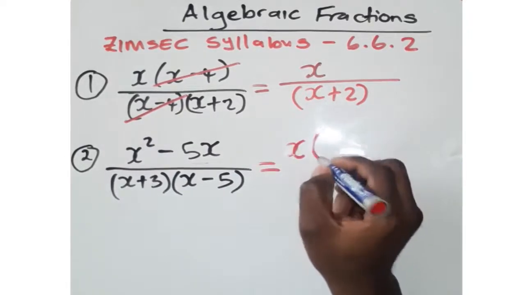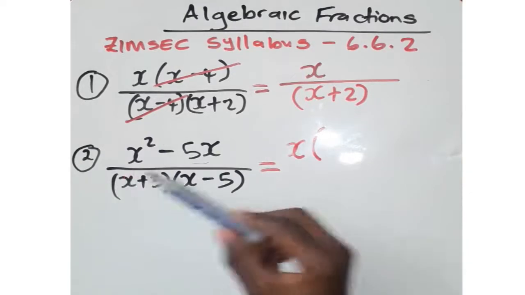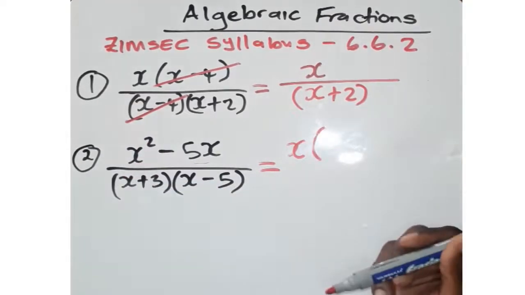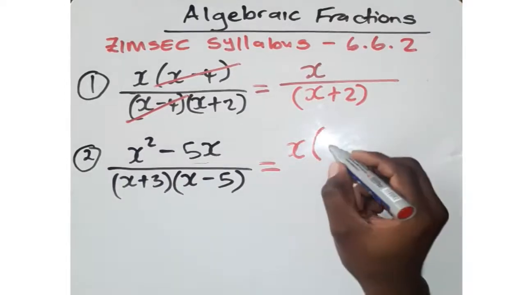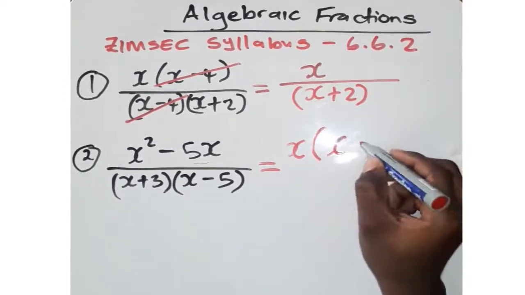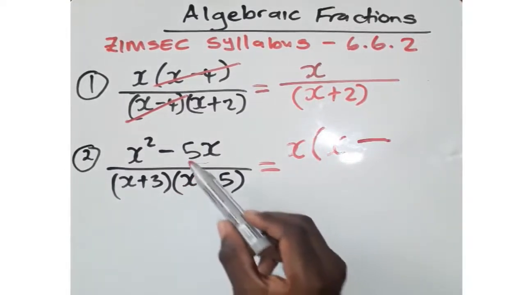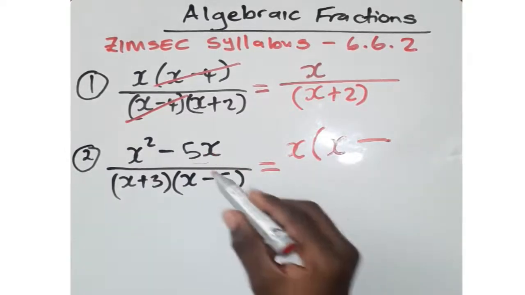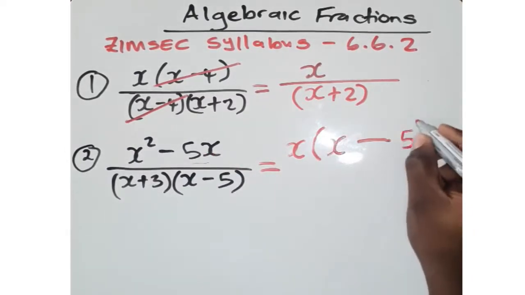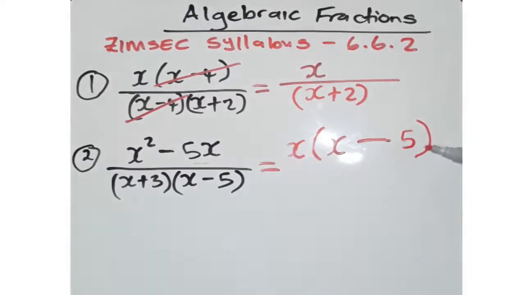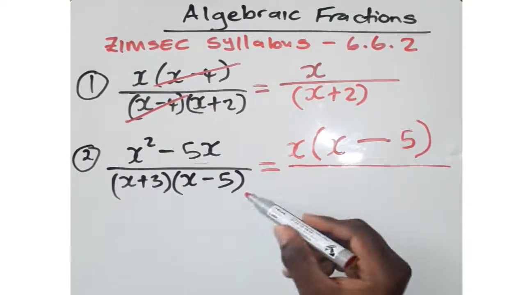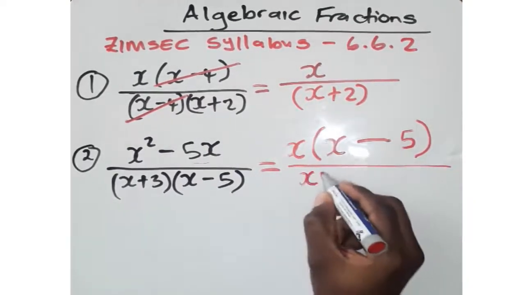So we write x. How many times would x get into x squared? Or x squared divided by x, what do we get? We remain with x. And then minus 5x divided by x. The x cancels the other x, so we remain with 5. So in essence, we have factorized the numerator. Now we just have to go on and write the denominator as is.